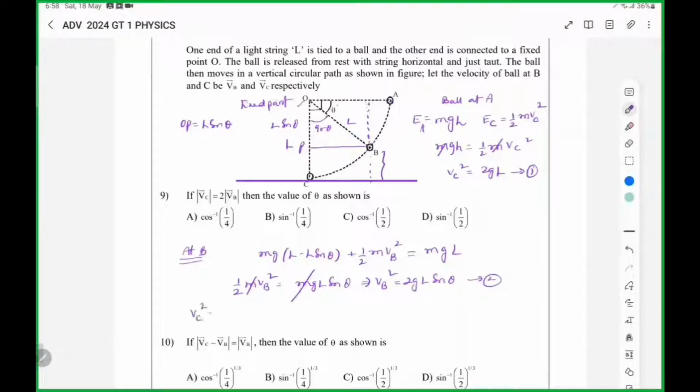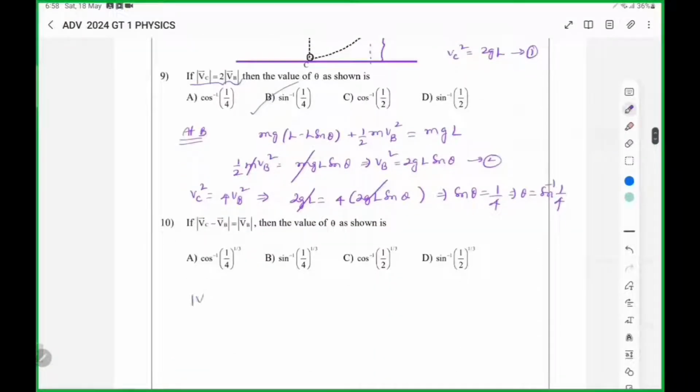Now it is said that Vc square is 4 times, from the given information. Vc square is 2gL. Vb square is 2gL sin theta. So sin theta here is 1 by 4. Theta is sin inverse. So second option.